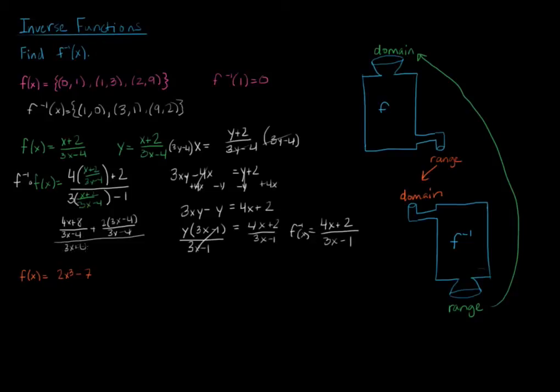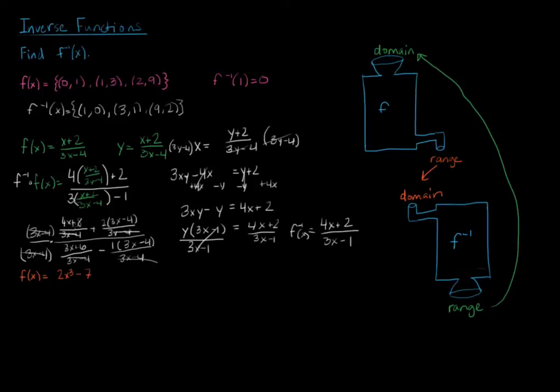Now that we have a common denominator, we can multiply the top and the bottom by (3x minus 4) over (3x minus 4). That's multiplying by 1, and so that's going to cancel all those denominators out.